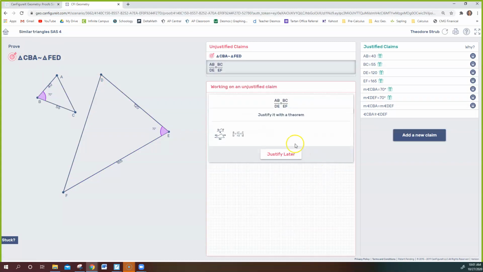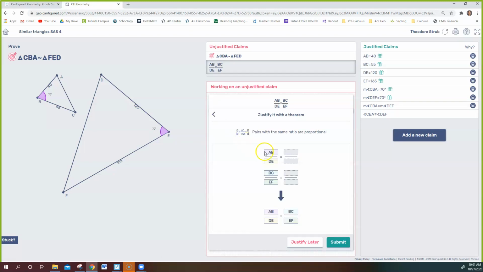But they're going to ask me, why do I know that? Well, it's always going to be pairs with the same ratios are proportional. And then I have to physically say, okay, well, what is the length of AB? So I'm going to type in 40. And then AB was the small one in this triangle compared to the small one in this triangle.